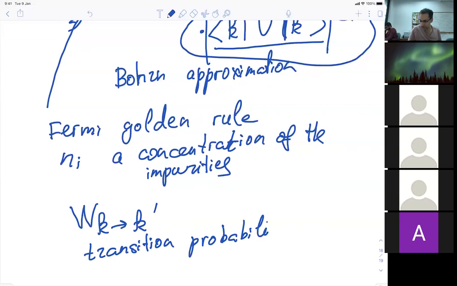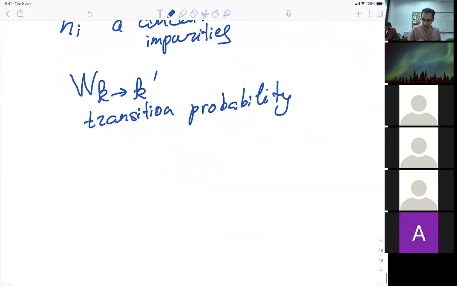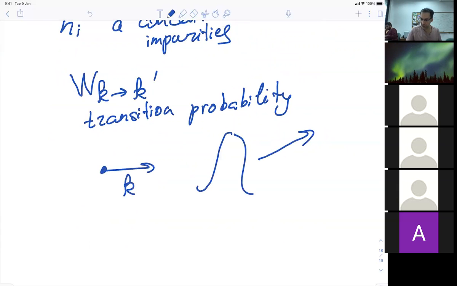What it means is that if you send an electron, so this is a single particle problem, if you send a quantum mechanical particle, an electron, with the state K, and it scatters off the potential to K prime, we are solving a scattering problem. A scattering problem is described by the scattering matrix or T matrix or whatever you like.